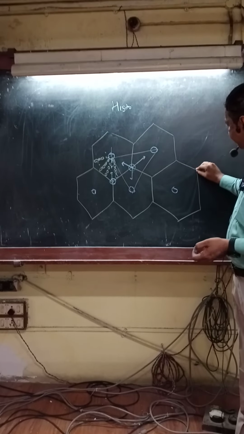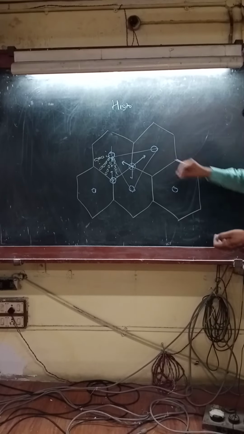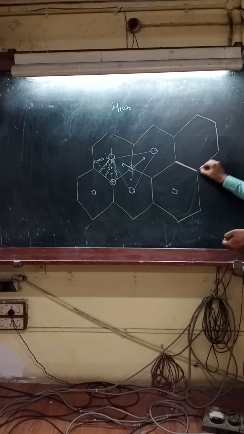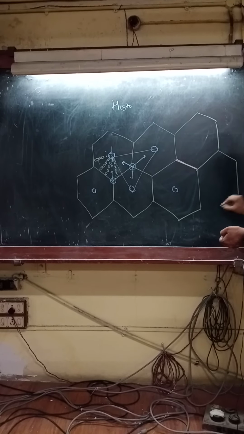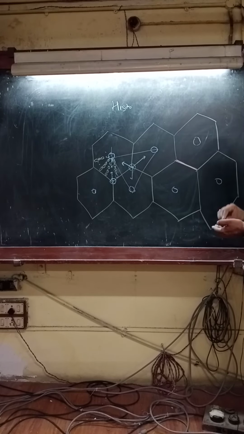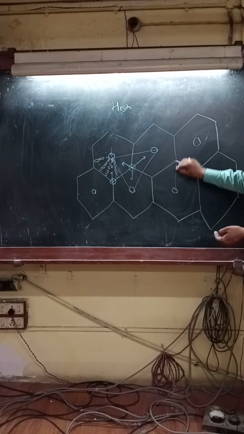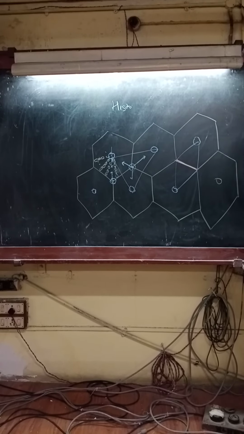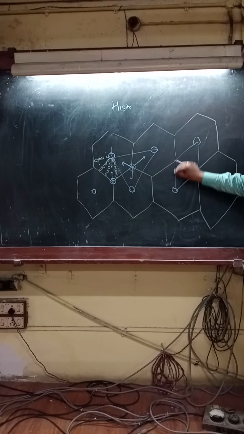Now look here. A hepatic artery runs like this. Now consider this area. What is this kind of shape called?